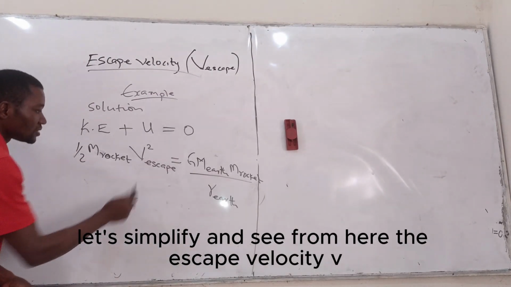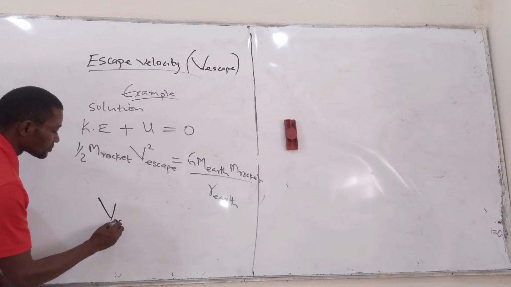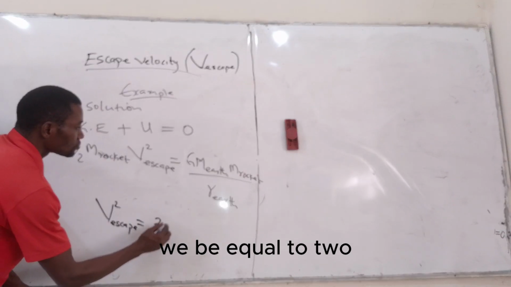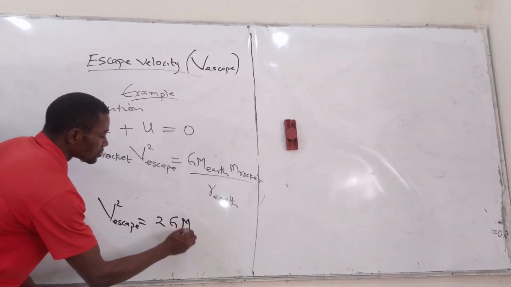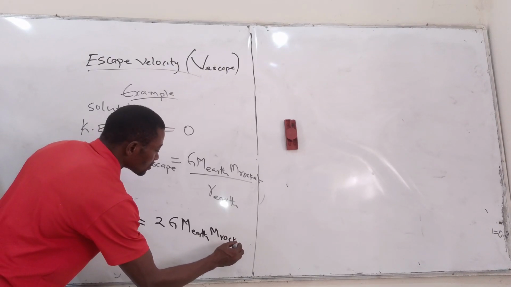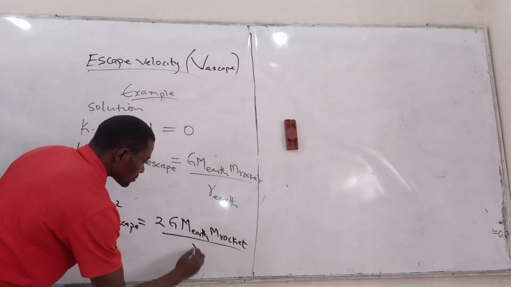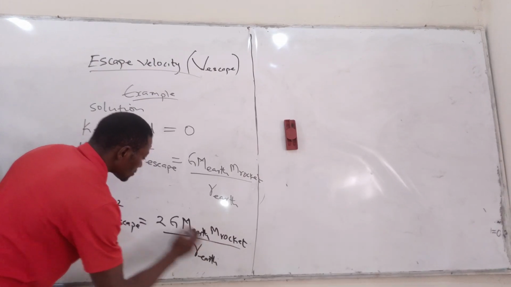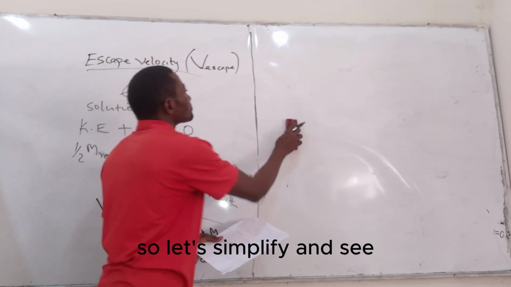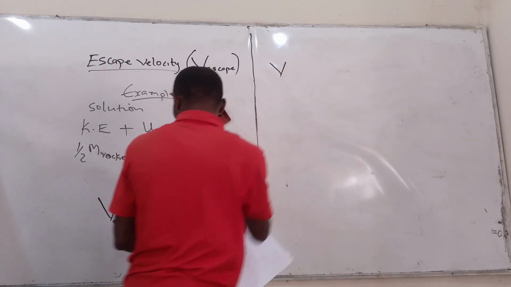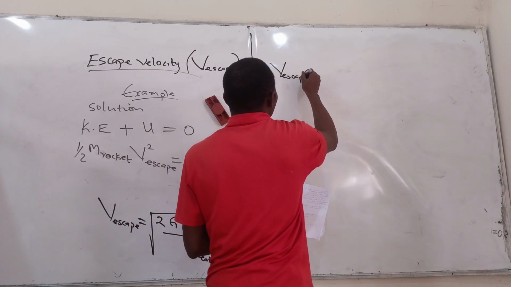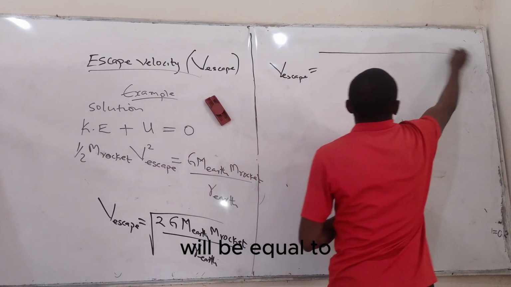From here, the escape velocity V will be equal to the square root of 2G mass of the Earth over radius of the Earth. So let's simplify and see. The escape velocity will be equal to this.